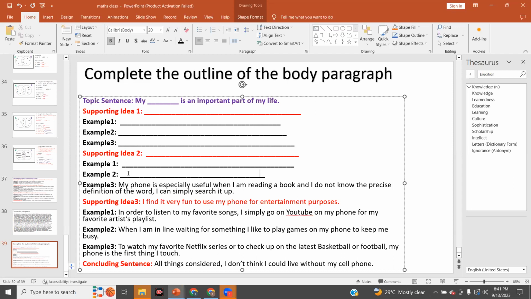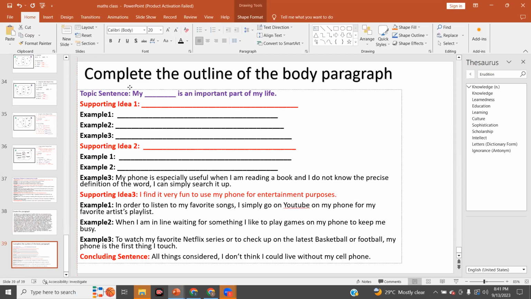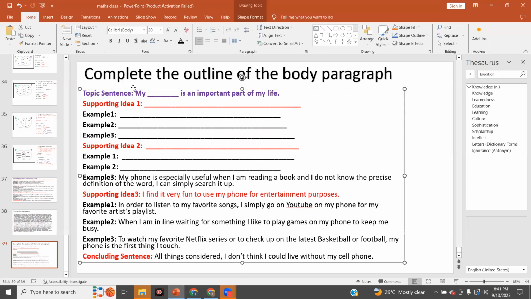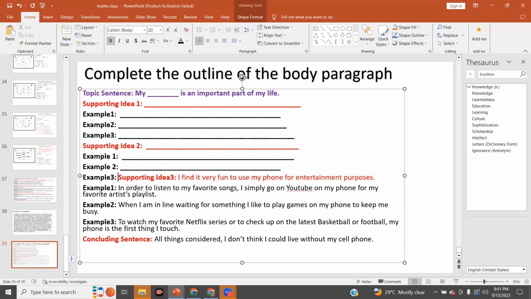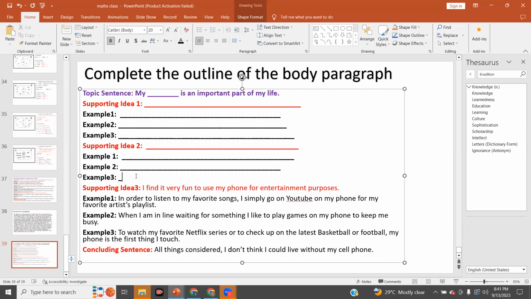Fill it out. Complete the outline of this body paragraph. I need the topic sentence, I need the supporting ideas, I need your examples, I need to see it. Okay. So do it inside of your book for me, please. That's the exercise for you to do. Once you're finished, then you can take a picture of it.